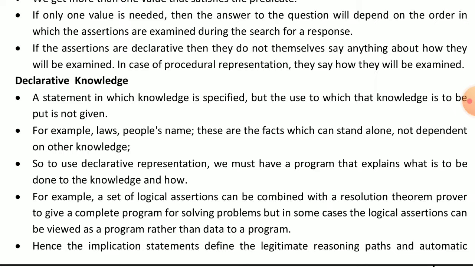For example, laws and people's names are facts which can stand alone, not dependent on other knowledge. A person's name is not dependent on other knowledge; it is unique. And laws, like court law, we follow in court. They are not dependent on other knowledge. So those are examples of declarative knowledge.